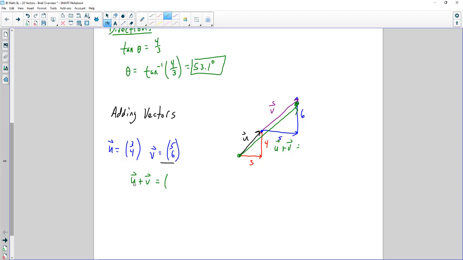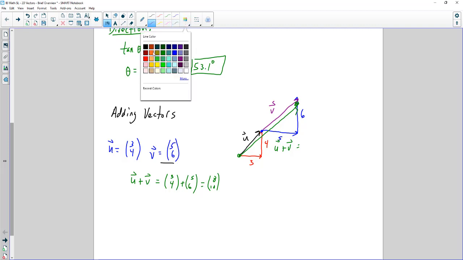We're just going to say when you add these vectors together, we're going to have 3 and 4 plus 5 and 6. We're just going to add them together. So I say 3 plus 5 is 8, and 4 plus 6 is 10. So what's really happening is, let's do this here in a different color, like orange.